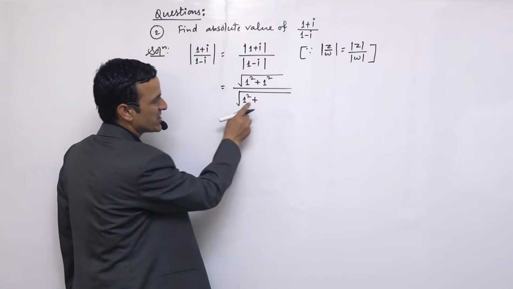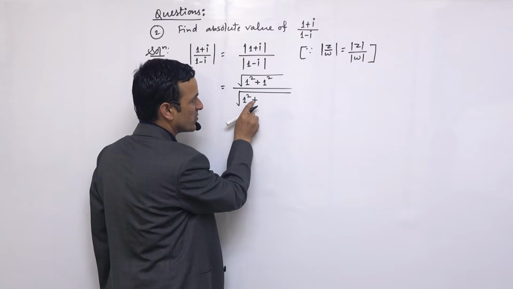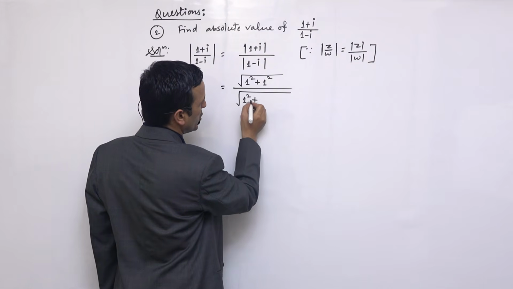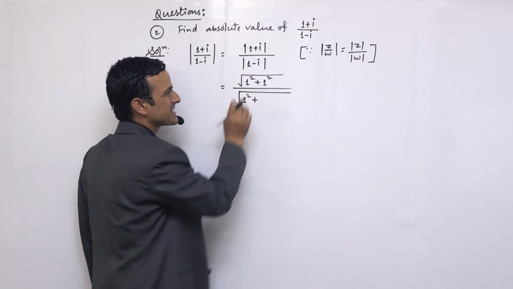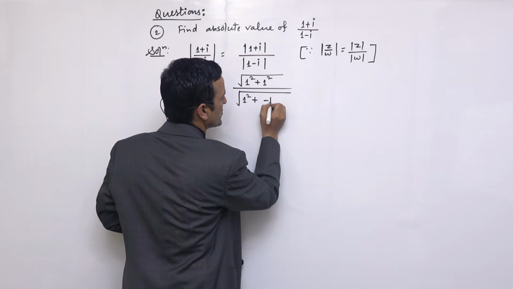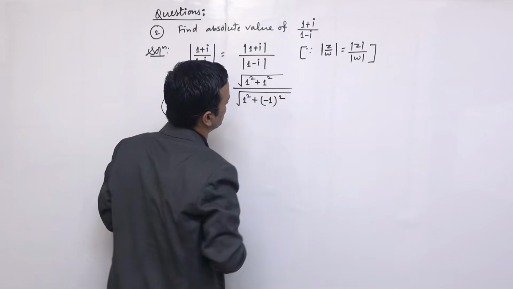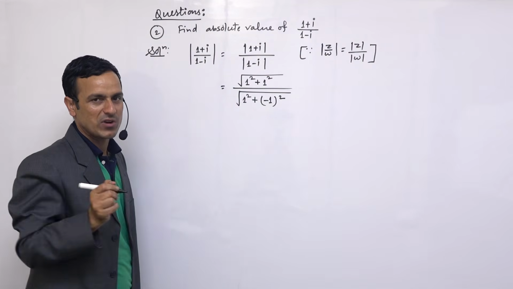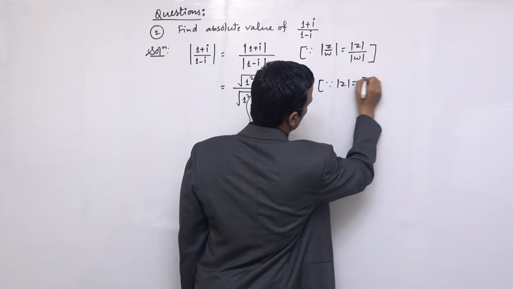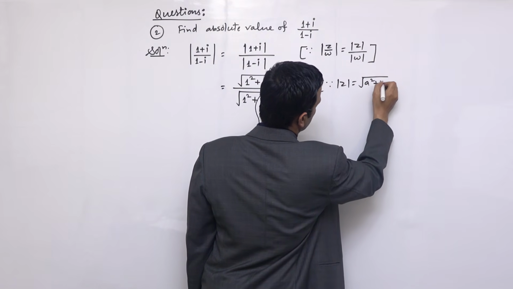By definition there should be plus, whatever the sign may be. So imaginary part squared, meaning the coefficient of i is minus 1. So minus 1 squared. So this is the formula, taken from modulus z is equal to root under a square plus b square.